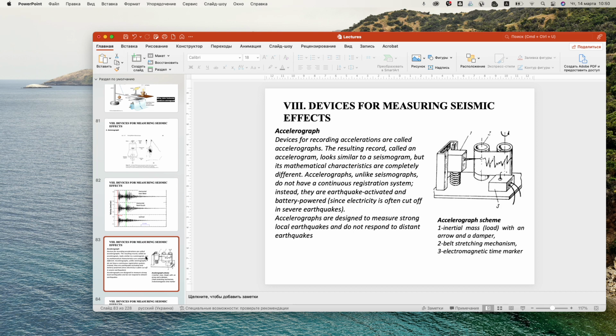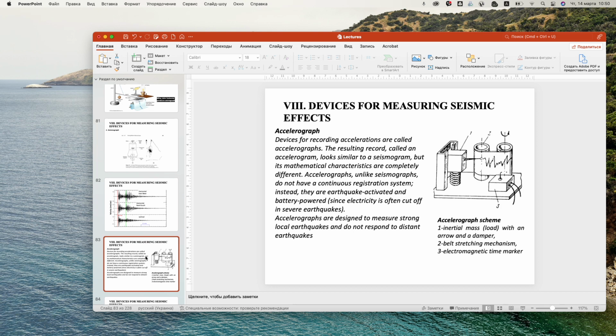Why is that so? Because it makes the records of accelerations. And accelerations for us as structural engineers are the most important information, because we are calculating and designing our buildings on seismic forces, and we have to know that seismic force is the result of a simple equation: m, the mass of the element, multiplied by acceleration.